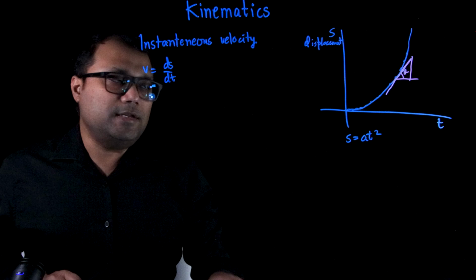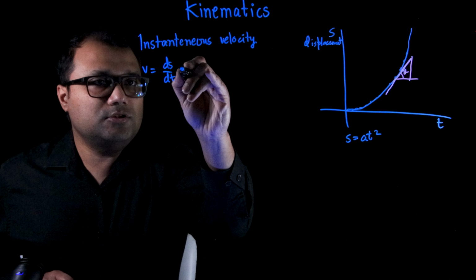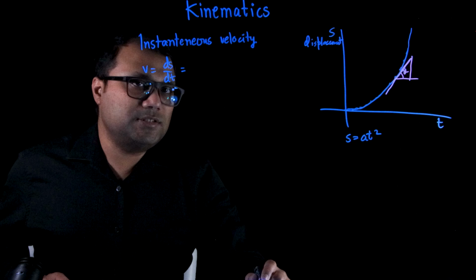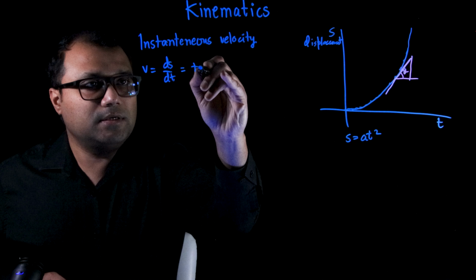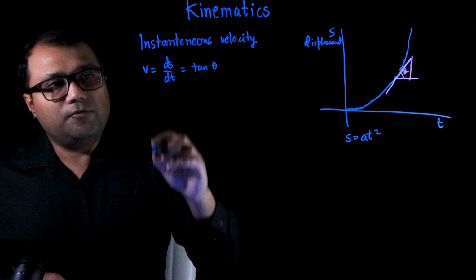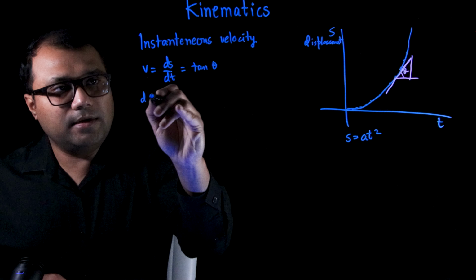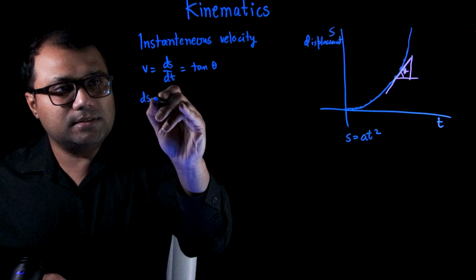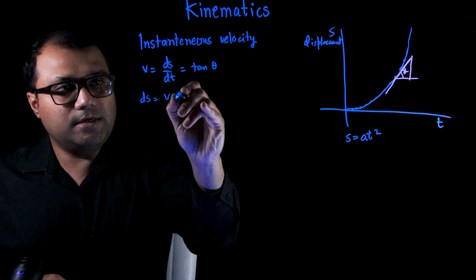So ds dt is nothing but the slope of the st curve, which is nothing but tan theta. Okay. Now if we bring dt on the other side, so ds becomes v dt.